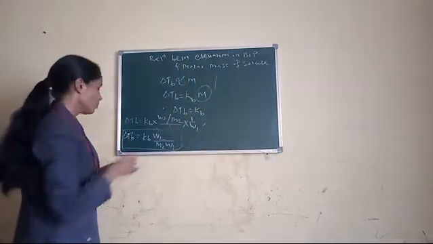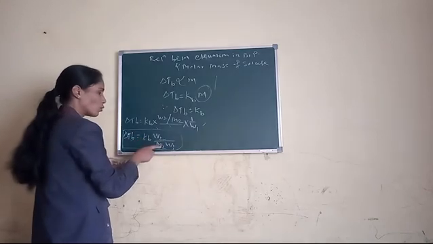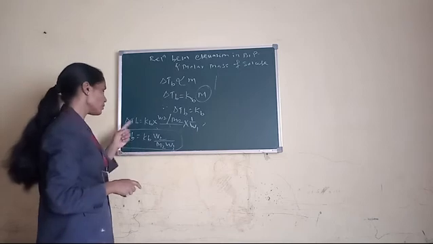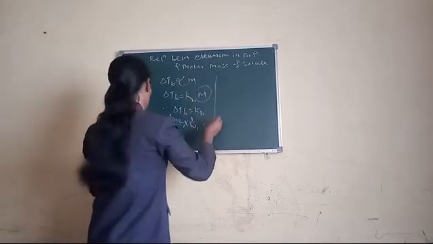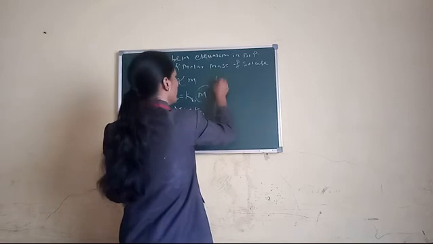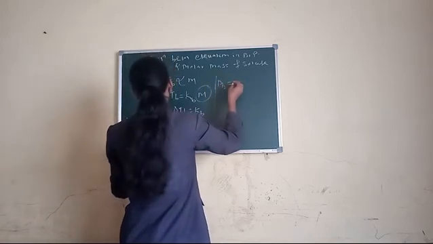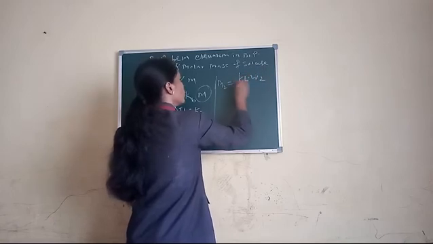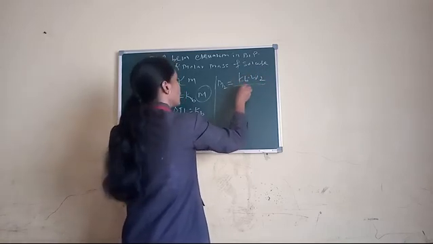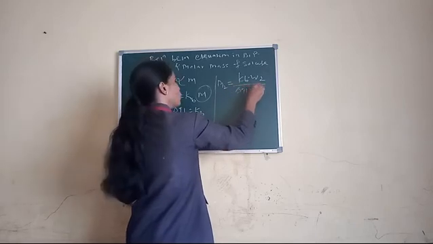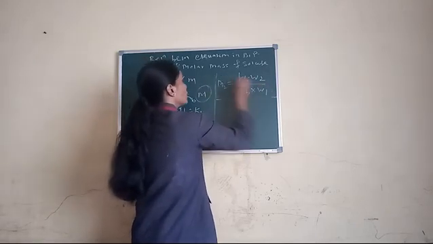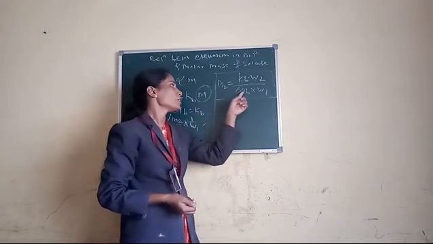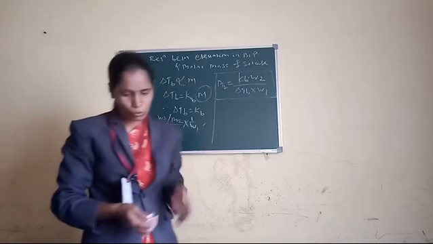Here we write the formula for M2, the molar mass of solute. After addition of solute the boiling point increases, so M2 is equal to KB W2 upon delta TB into W1. This is the relationship between elevation in boiling point and molar mass of solute.